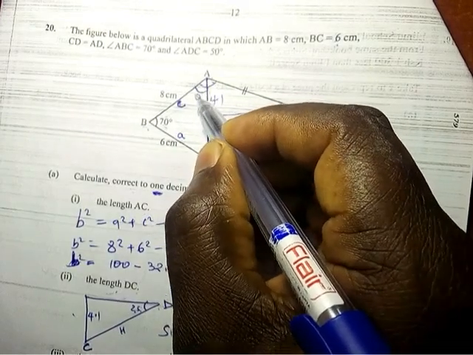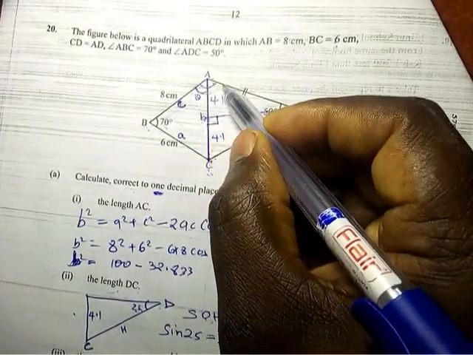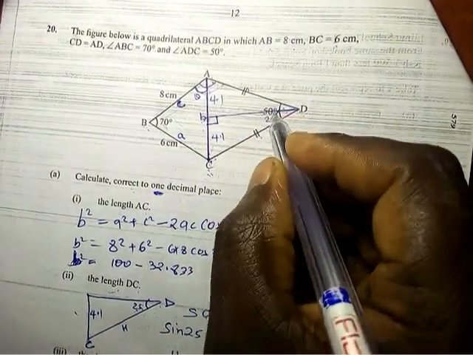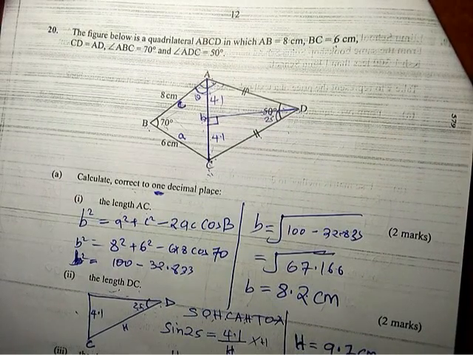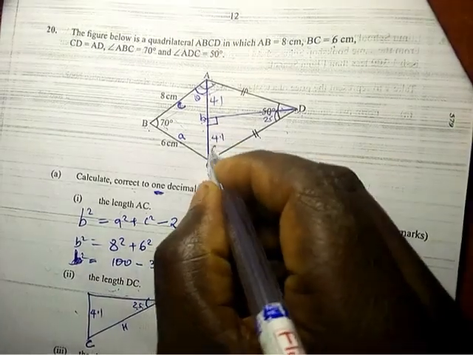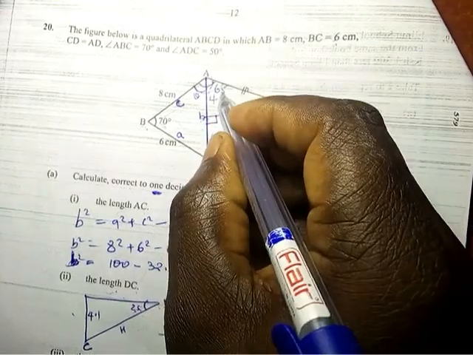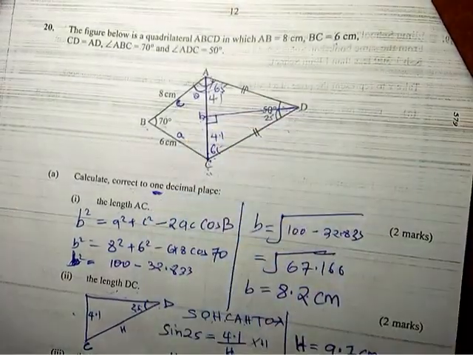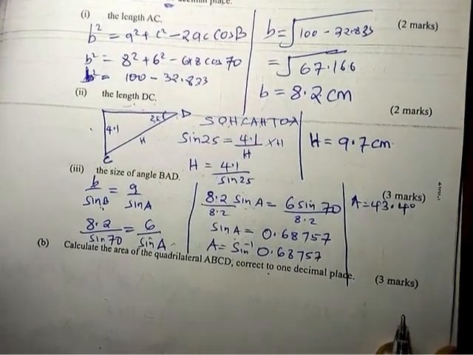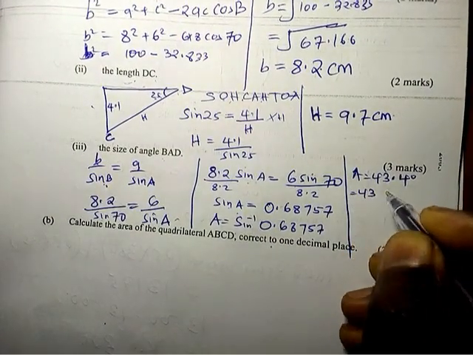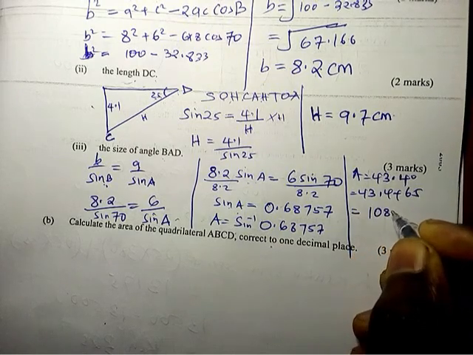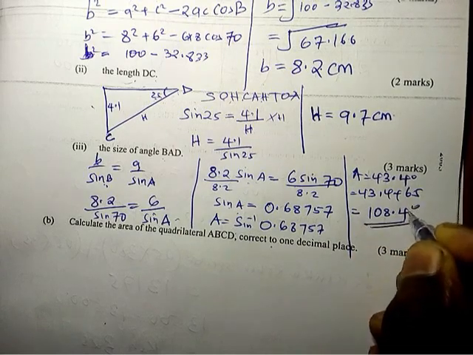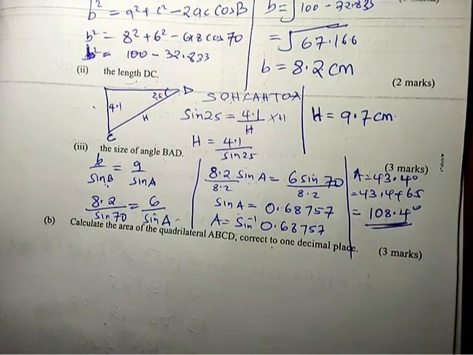Here is 50 and these are equal, so 180 minus 50 is 130. 130 divided by 2 is 65, so here is 65, here is 65. So the total angle will be 43.4 plus 65, which gives us 108.4. So the required angle is 108.4 degrees.